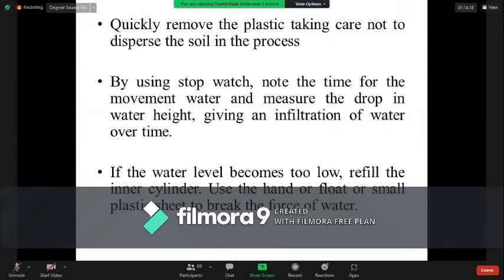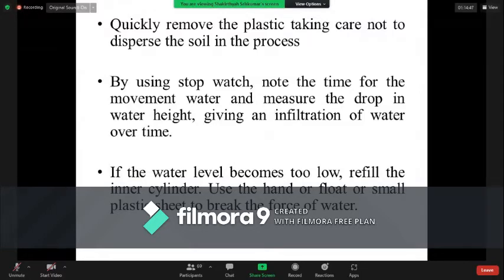Use the hand or float or small plastic sheet to break the force of water. Earlier we used the plastic sheet because it was the first time we poured the water. But now water is already there, and the level is becoming low. At that time we need to refill the inner cylinder.